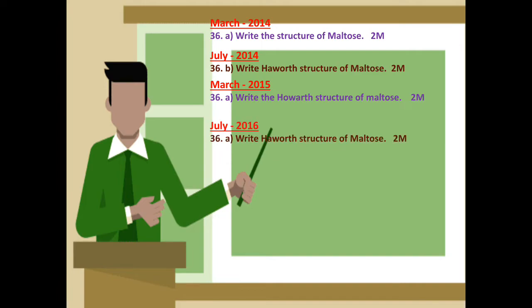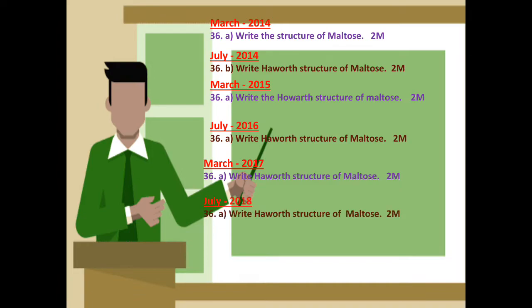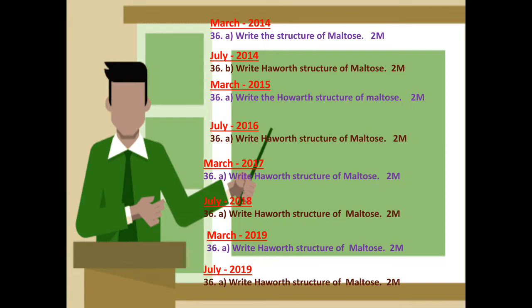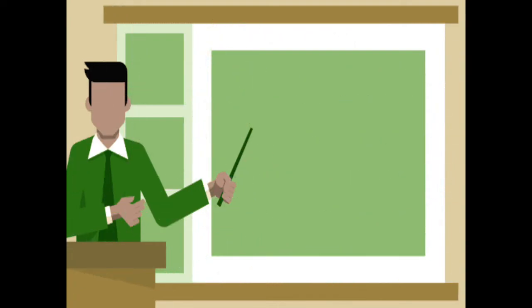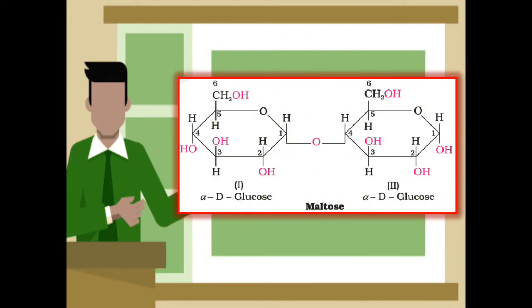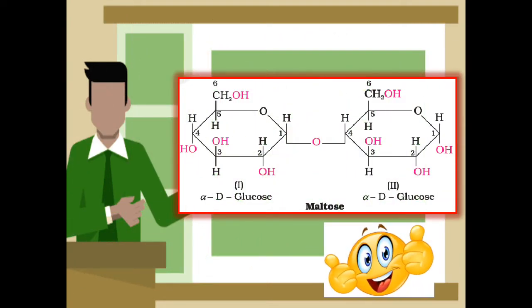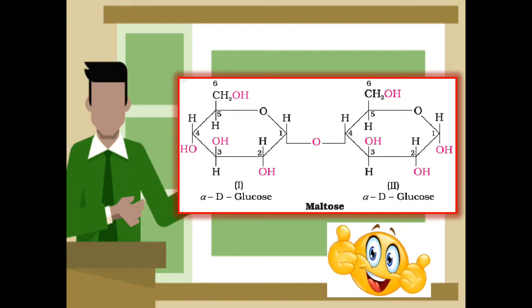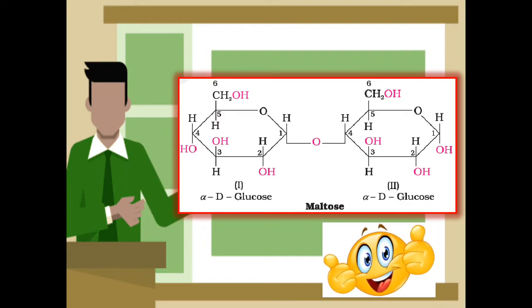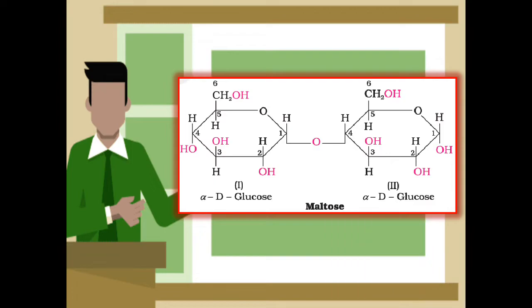July 2016 same question. March 2017 same question. July 2018, March 2019, July 2019. Look here, so many times this Haworth structure of maltose was asked for how many marks? 2 marks. So as I explained, you should write it. So your answer must be this structure, isn't it? A very simple structure asked many times in the annual examination.